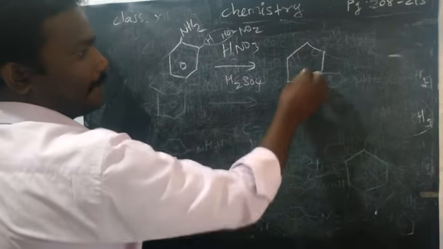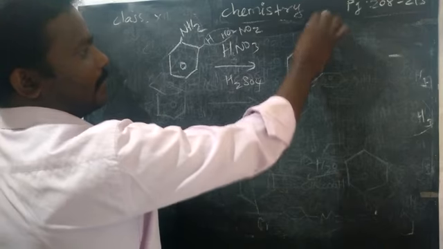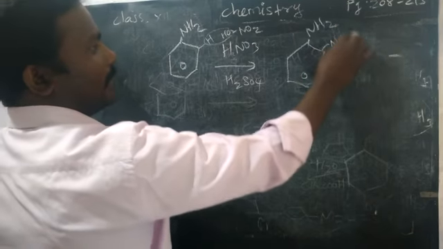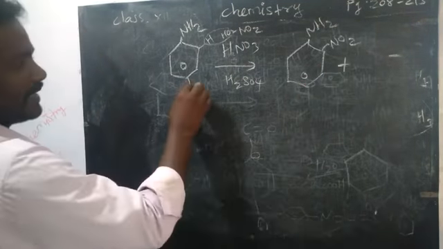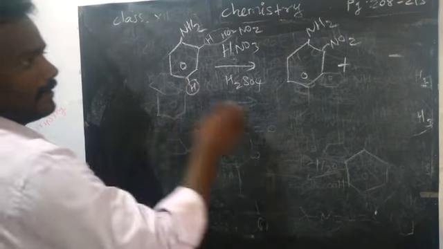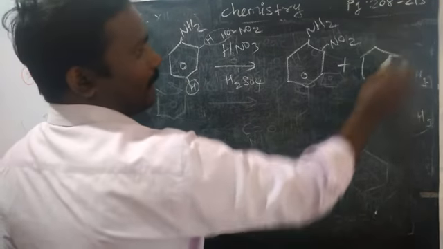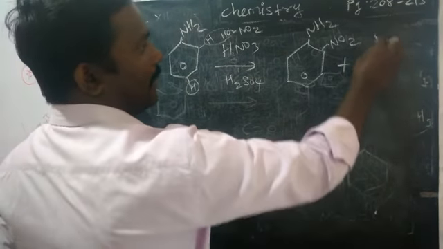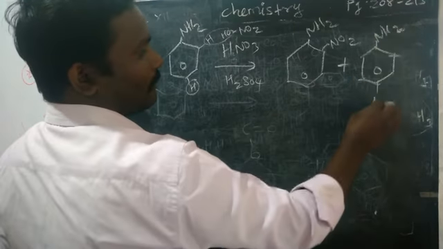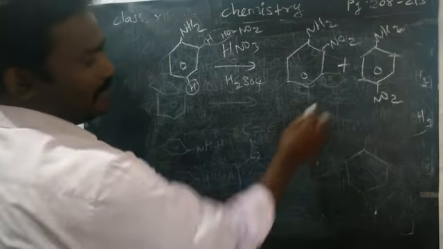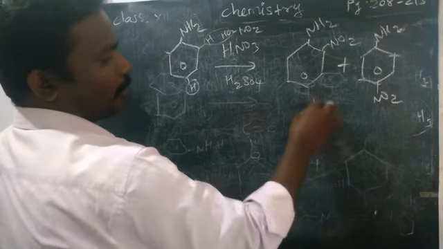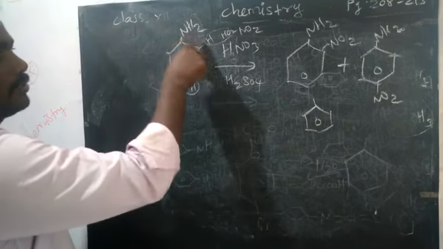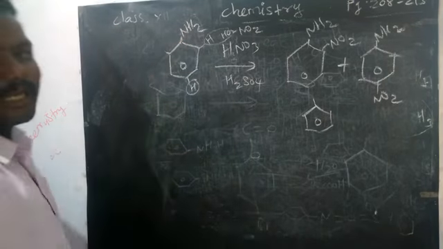So one type of nitration gives orthonitroaniline, or this hydrogen you can remove as water, and then you may get paranitroaniline. Then, as usual, there is another ortho position. You know that both sides next to the substituent are called ortho.